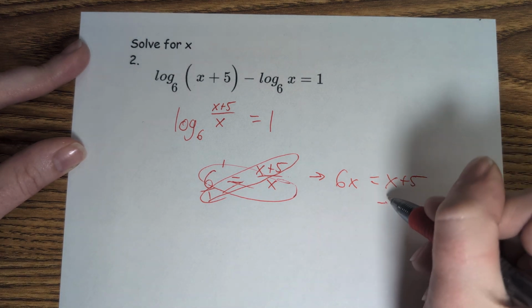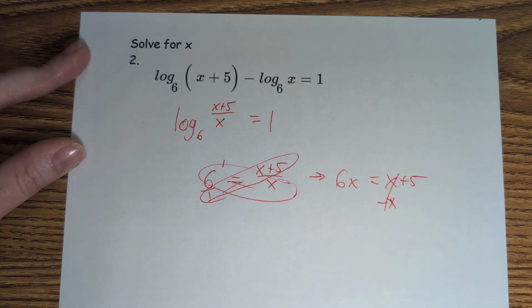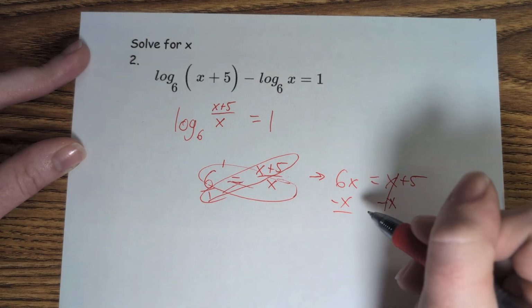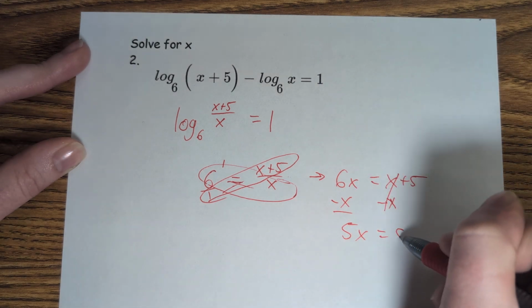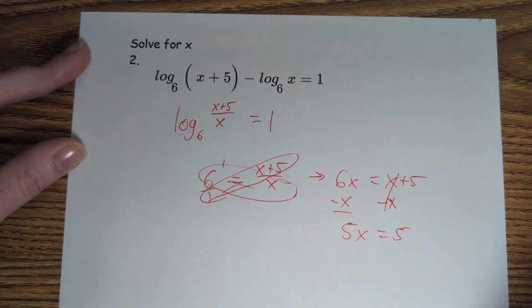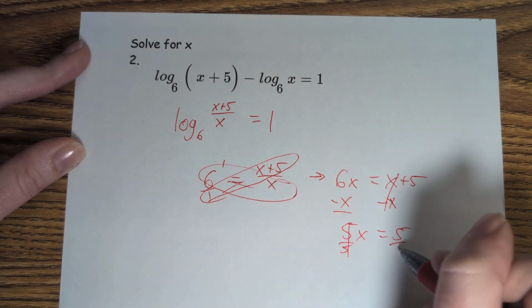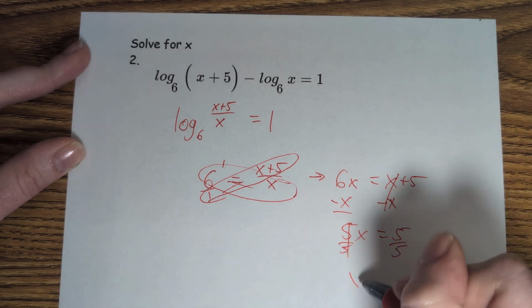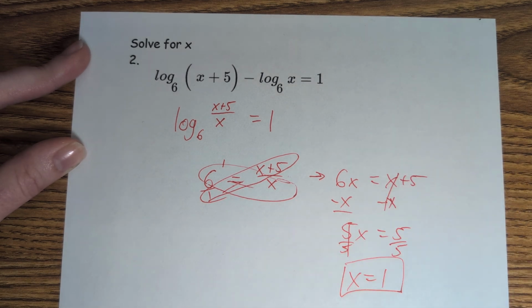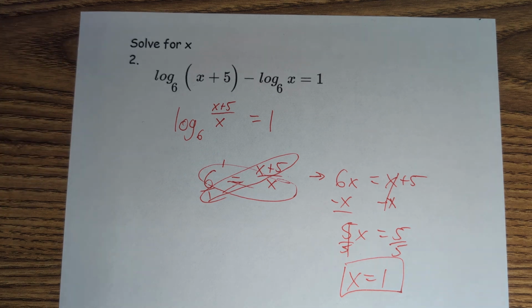Very doable. Now I'll just subtract my x from both sides, and that leaves me 5x equals 5. Divide by the 5. My final answer looks like x equals 1. Okay.